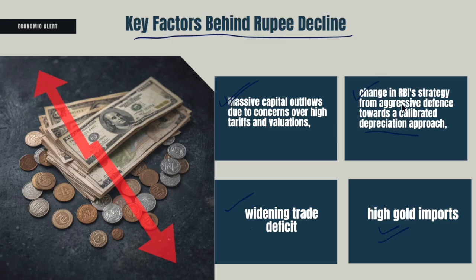Change in RBI's strategy from aggressive defense towards a calibrated depreciation approach, the widening trade deficit, and the high gold imports. These are the key factors which have led to a decline in the rupee in the financial year 2026. The West Asian War started post 28 February 2026 and has added fuel to the fire and accelerated this decline in the rupee.